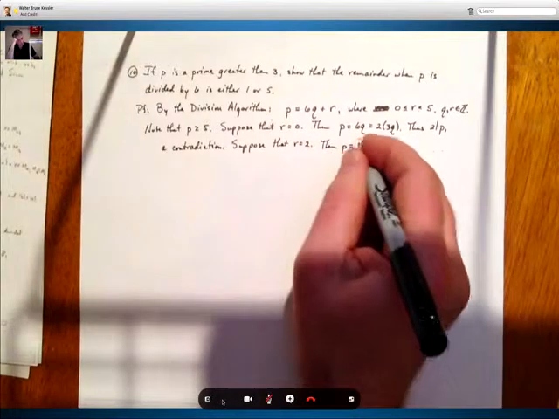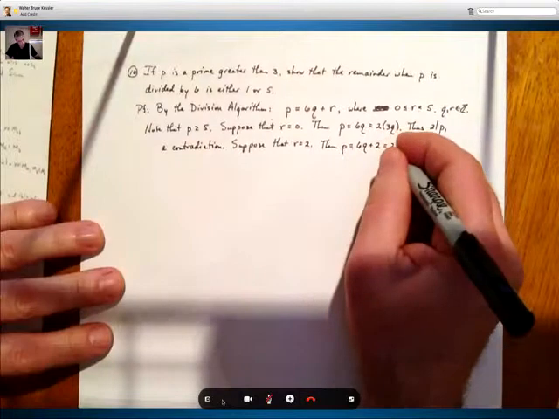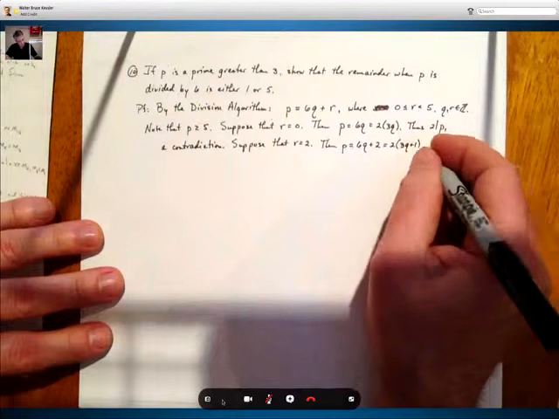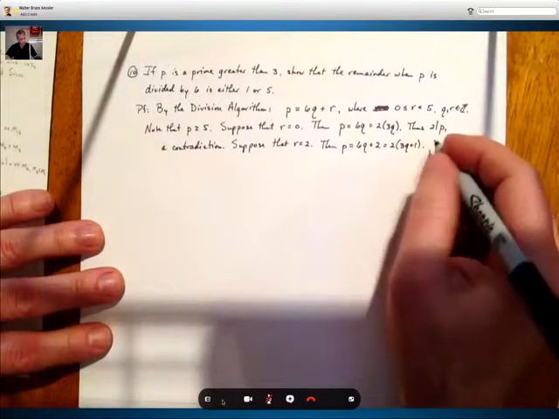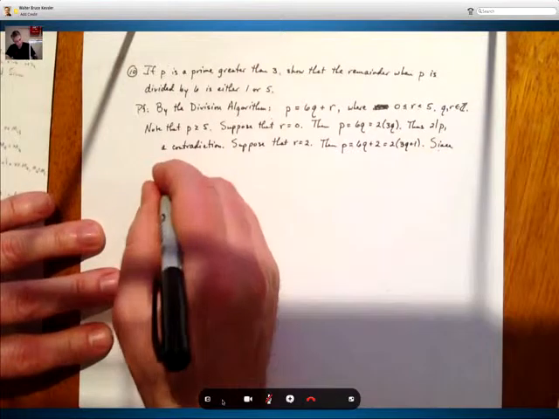Suppose that R equals 2. Then P equals 6Q plus 2. I think you see where we're going with this. This is 2 times 3Q plus 1. Technically here you need to say since 3Q plus 1 is an integer.